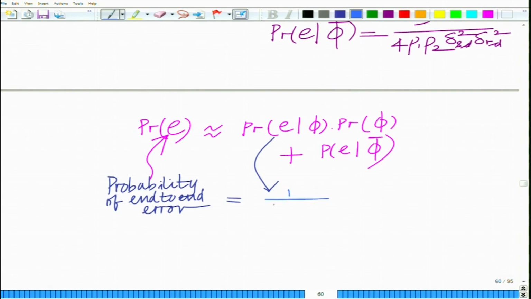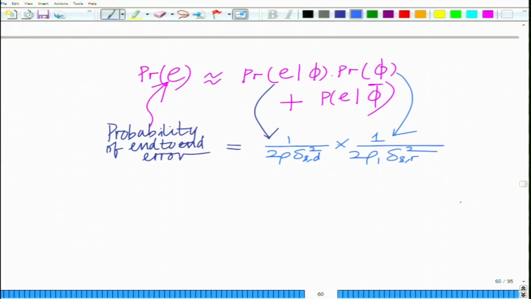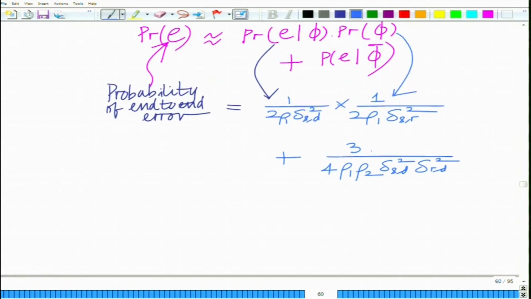This is 1 over 2 rho delta S d square, times the probability of error at relay, which is 1 over 2 rho 1 delta S r square, plus the probability of error given phi bar, which is 3 over 4 rho 1 rho 2 delta S d square delta R d square.